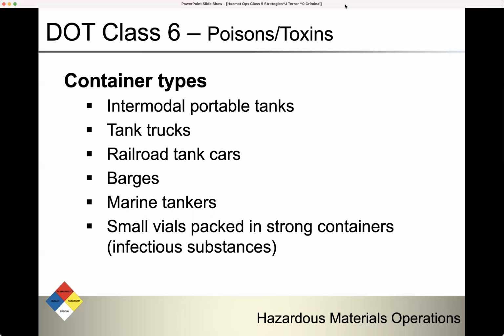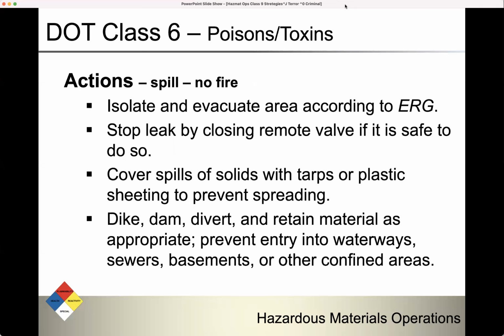Moving on to class 6, poisons or toxins. These will be found in intermodal portable tanks, tank trucks, railroad tank cars, barges, marine tankers, or even small vials packed in strong containers, such as infectious substances. If these spill with no fire, start out with the ERG.